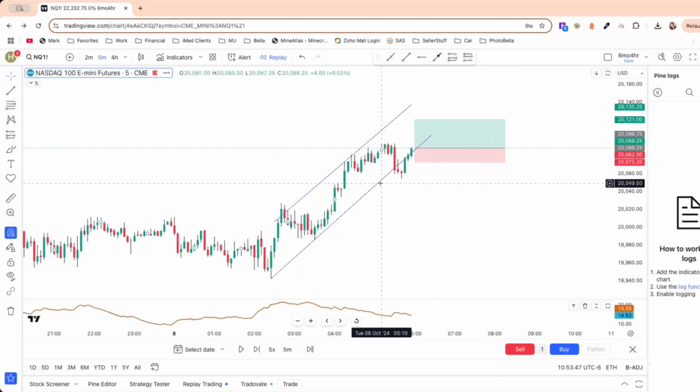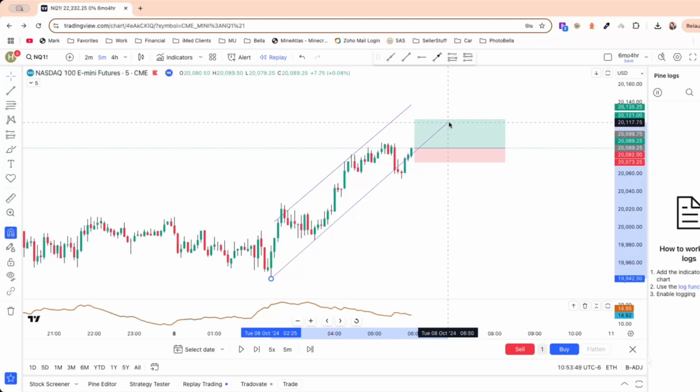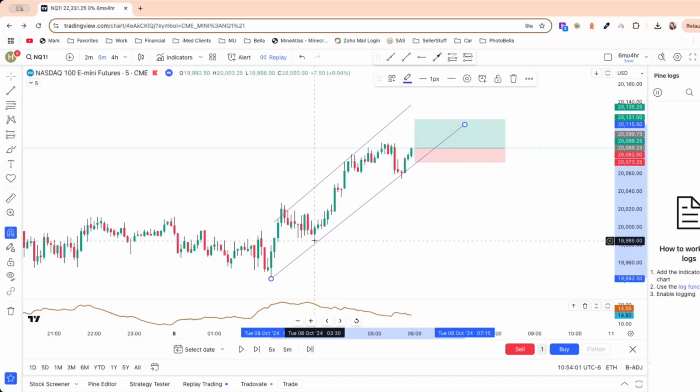So that's something to keep in mind. But then also maybe I drew it incorrectly. Maybe it's more like this. And, you know, actually, I kind of like that better. If I sort of go by the close of these, then this one came really close. I kind of like something like that better, but it doesn't really matter.